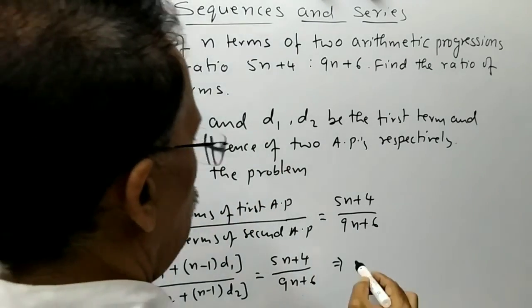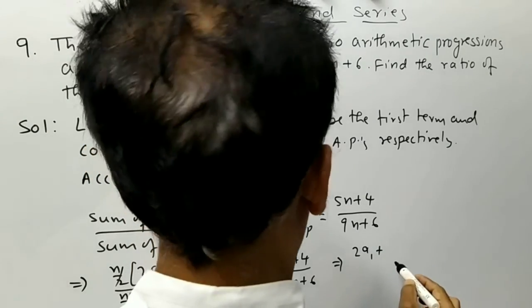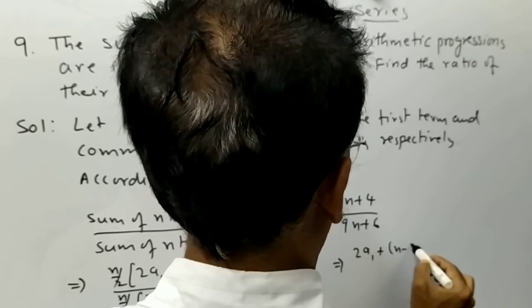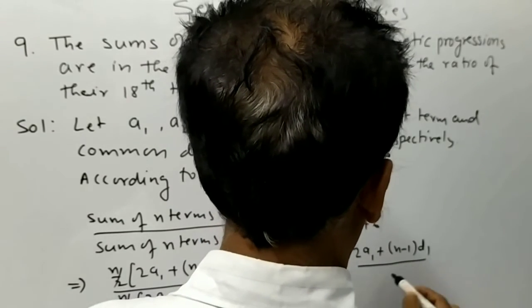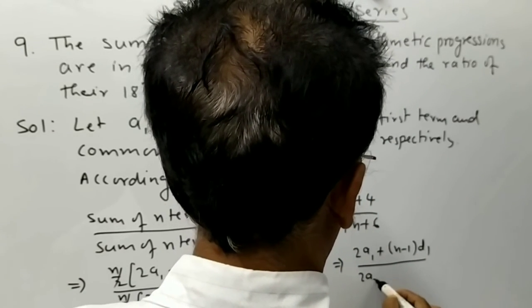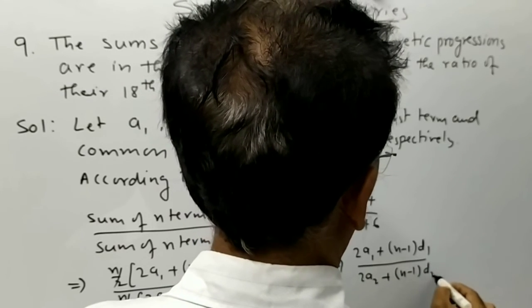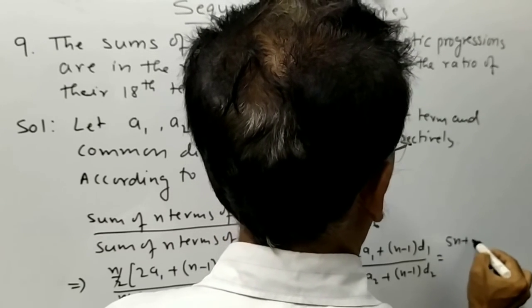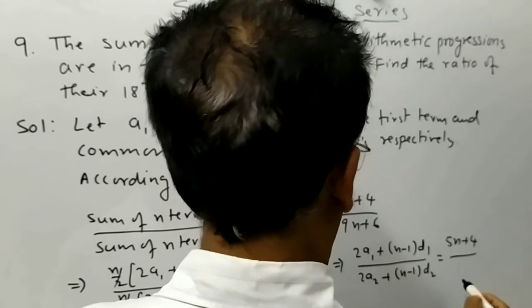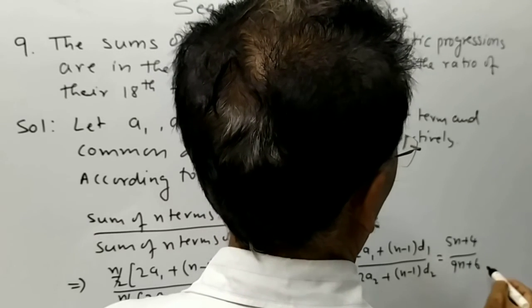Implies 2a1 plus (n minus 1) into d1 divided by 2a2 plus (n minus 1) into d2 is equal to 5n plus 4 divided by 9n plus 6.